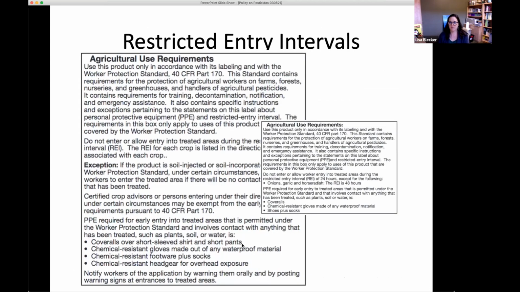So most of the time we're going to find our restricted entry interval in the ag use requirements box. This is a very ag construct. So if you're doing research in an ag production commodity, then this message is for you. Here it says, do not enter or allow worker entry into treated areas during the restricted entry interval of 24 hours, except for the following: onions, garlic, and horseradish is 48 hours.